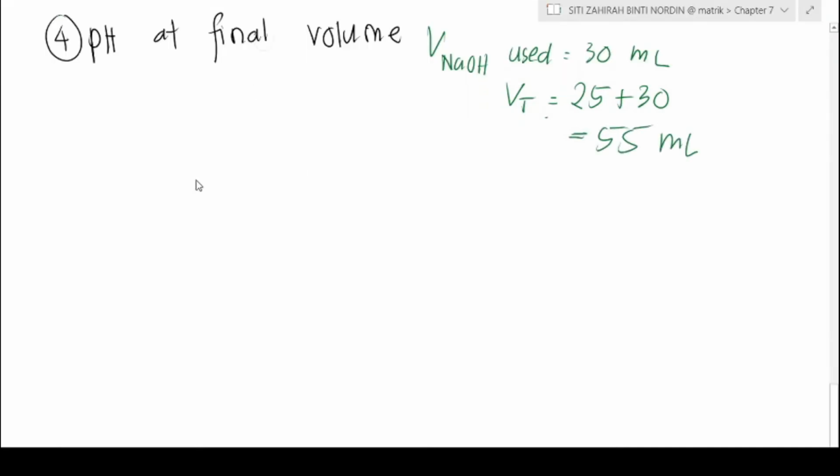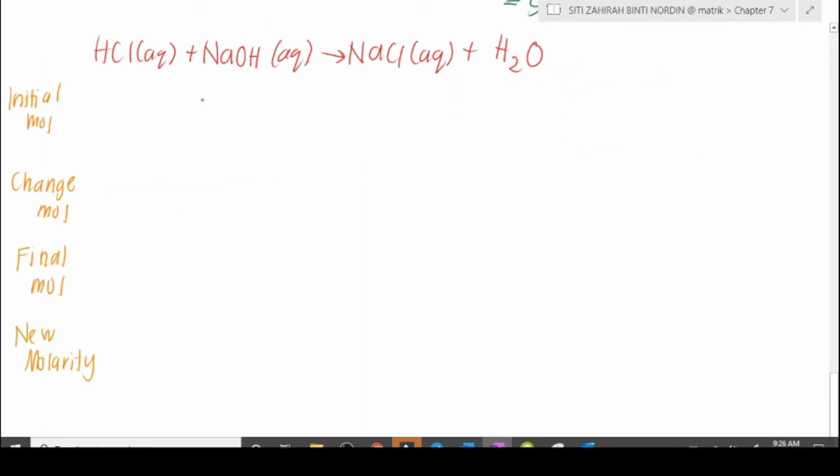So now let's make our table between HCl and sodium hydroxide. Our initial mole is still the same. So for HCl it will be 2.5 times 10 to the power of minus 3. For sodium hydroxide it will be 3 times 10 to the power of minus 3, because we've used all the sodium hydroxide. For the change, which one is the smallest mole? Yeah, that would be your acid.